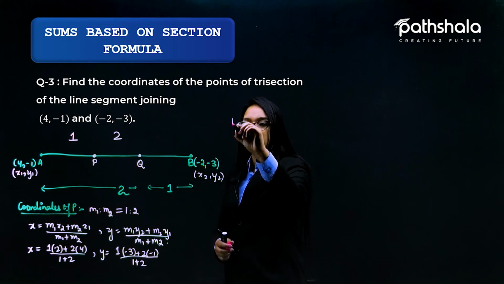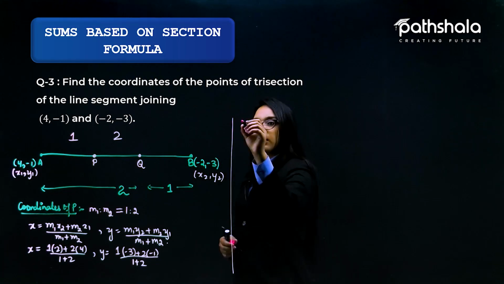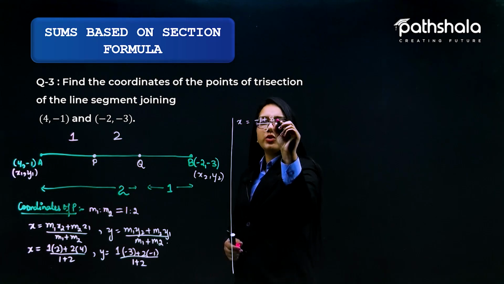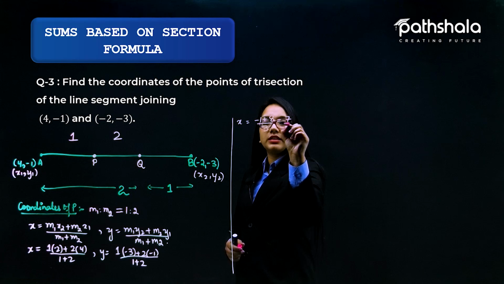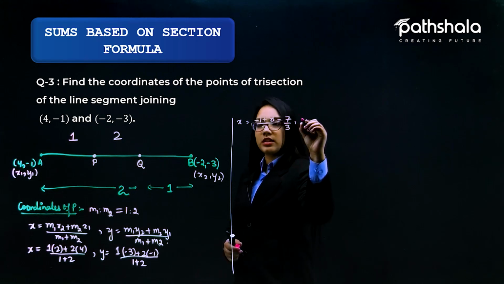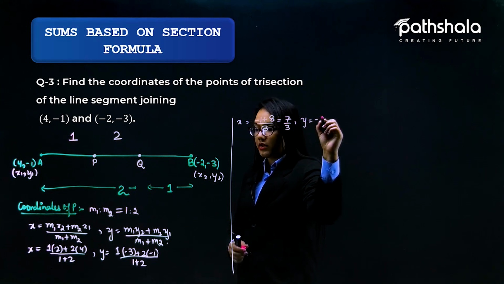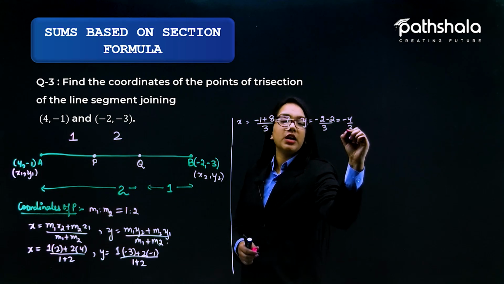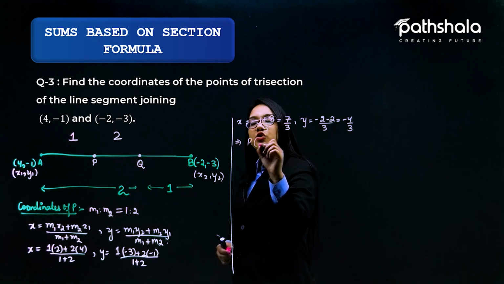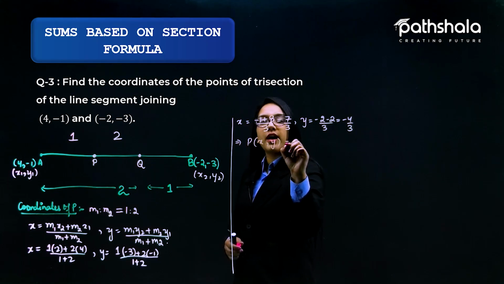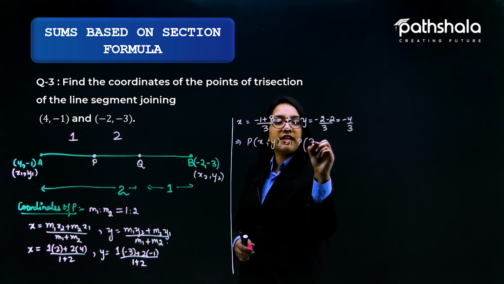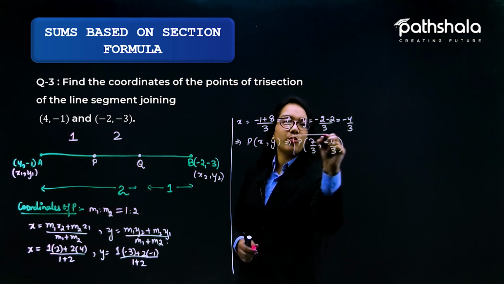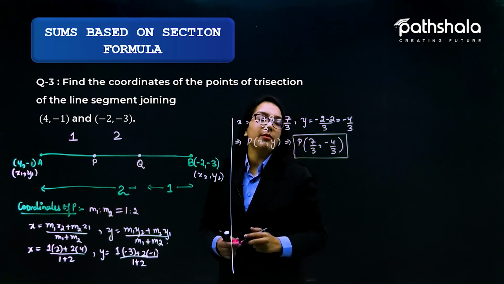So x is minus 2 plus 8 divided by 3, which is 7 by 3, and y is minus 3 minus 2 divided by 3... which is minus 4 by 3. So the coordinates of the point P are 7 by 3, minus 4 by 3.